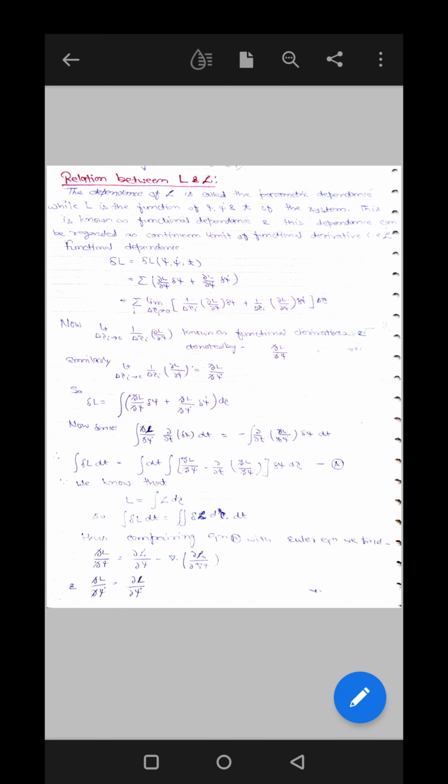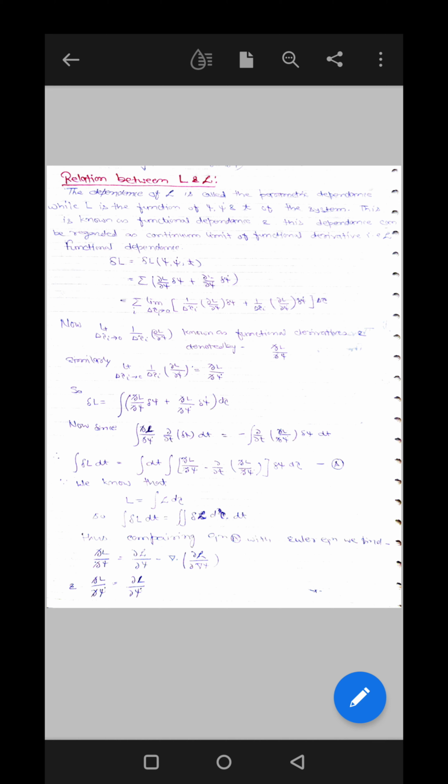As you know, the relation between the Lagrangian function and the Lagrangian density can be written as L equals the volume integration of the Lagrangian density over d tau. So we can write the integration of delta L dt equals the double integration of delta Lagrangian density d tau dt.